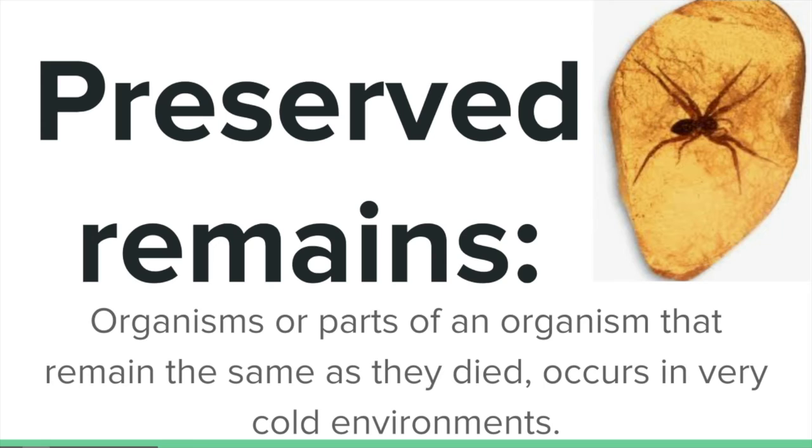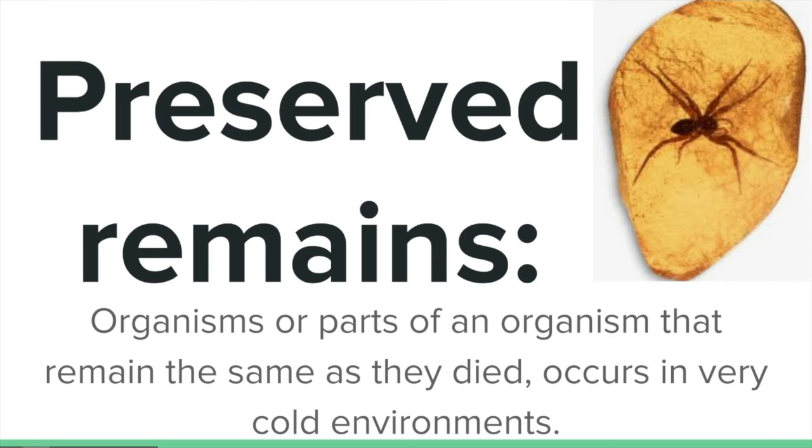Or it can also happen with tree sap. Sap is this liquid that comes from trees, and little insects can be caught inside the sap. And when that sap hardens, it becomes really hard, like a rock. And we can see here an example of what seems to be a spider that was caught in the tree sap.